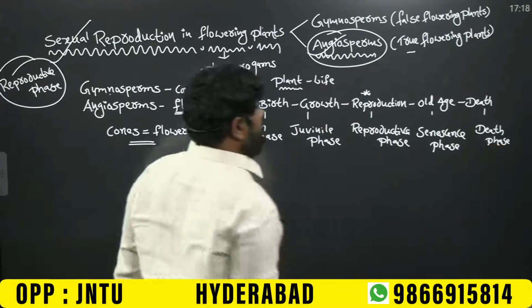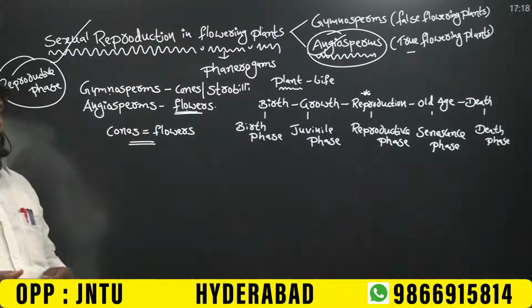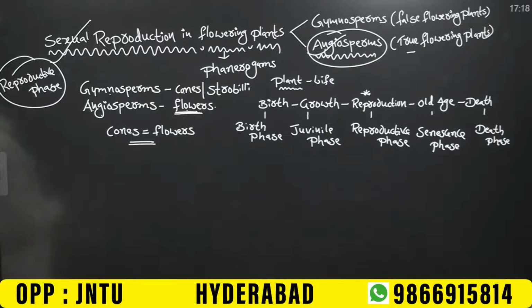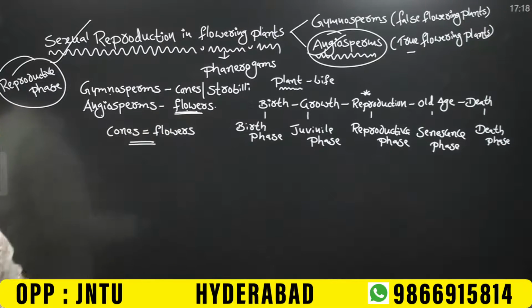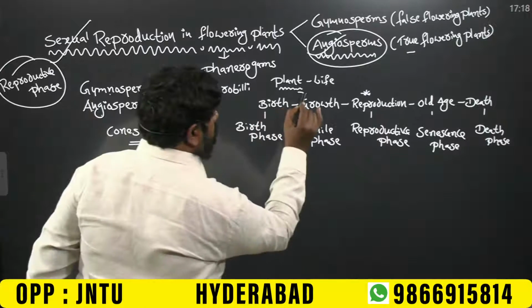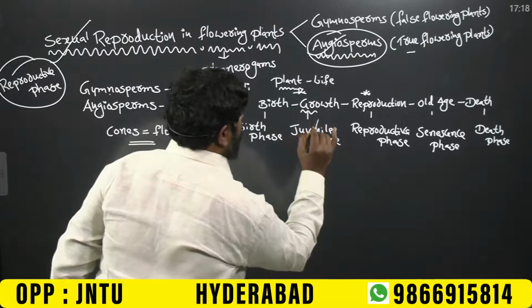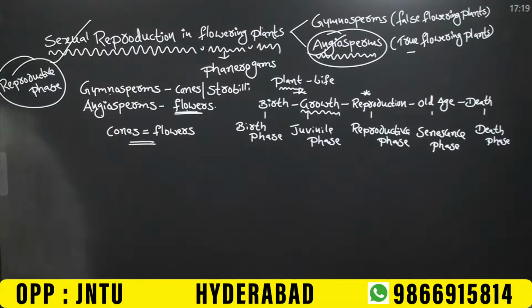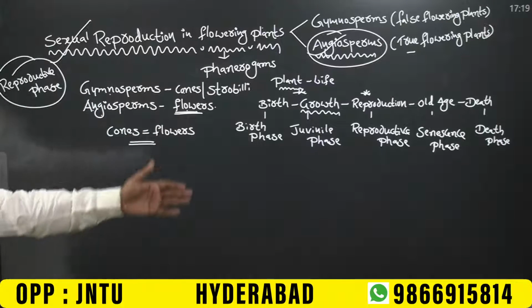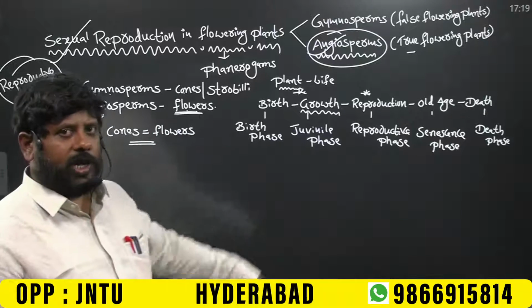Total 5 phases are present in the life cycle of a plant: birth phase, juvenile phase, reproductive phase, senescence phase, and death phase. During the birth phase, birth occurs. During the juvenile phase, the growth phenomenon takes place, very, very important. During the reproductive phase, reproduction will take place. Senescence phase, old age.